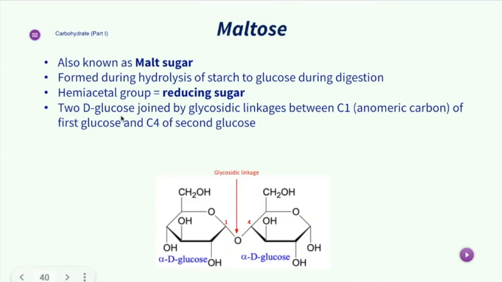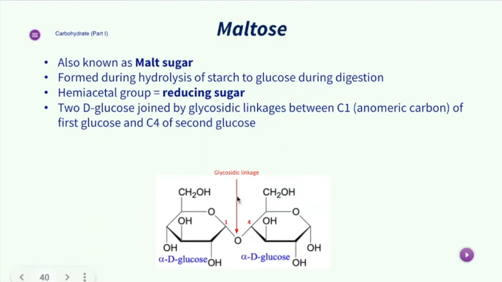Two D-glucose units are joined by a glycosidic linkage between the C1, the anomeric carbon of one glucose, and the C4 of the second glucose. So this is the first glucose and the second glucose; the first carbon, the anomeric one, will react with C4, 1, 2, 3, 4, the carbon on the other glucose. It will form the glycosidic linkage.